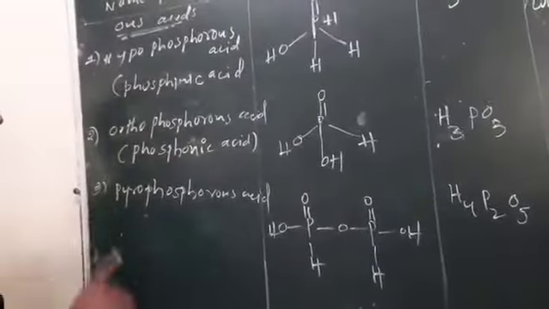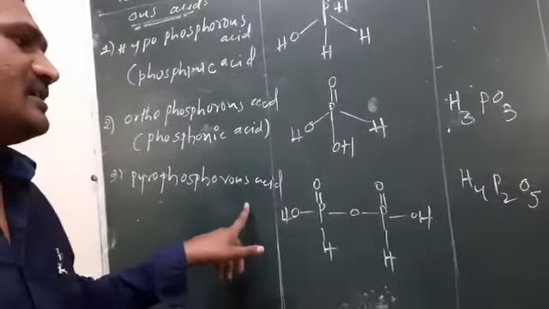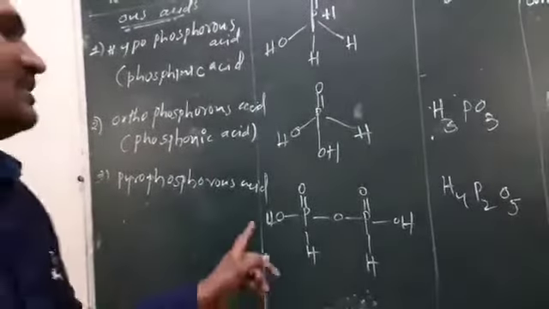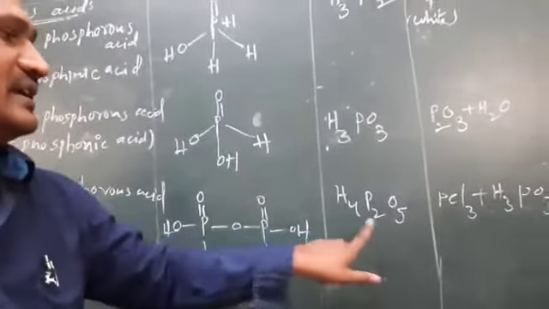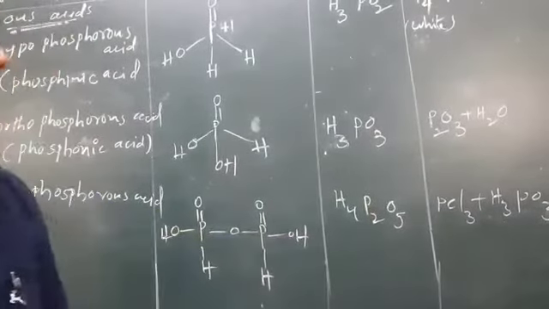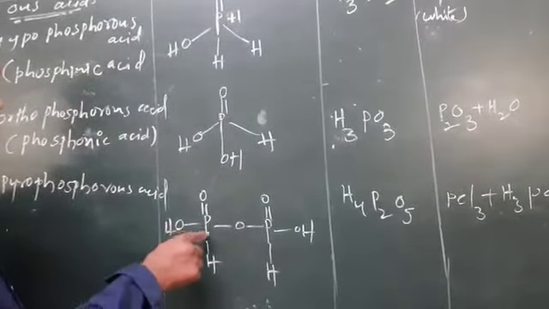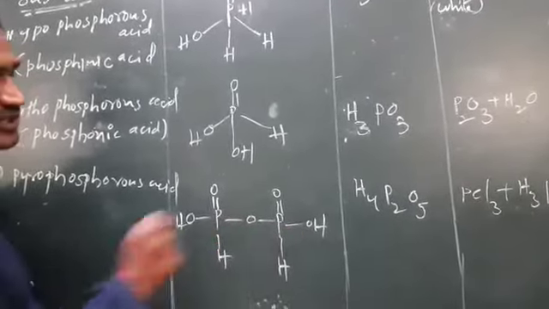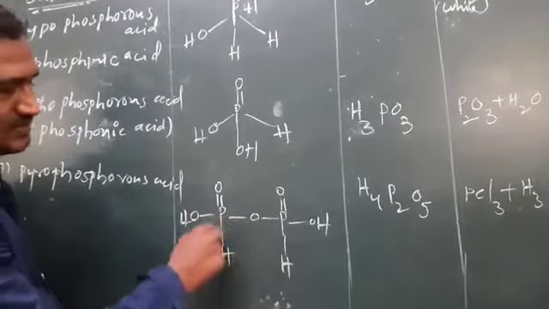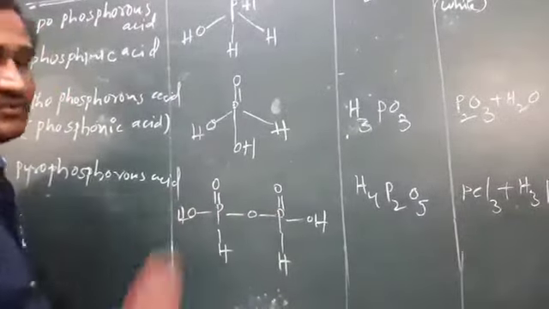Next, the third one is pyrophosphorus acid, with formula H4P2O5. Its structure has two POH bonds, two PH bonds, one POP bond, and two P double bond O bonds.